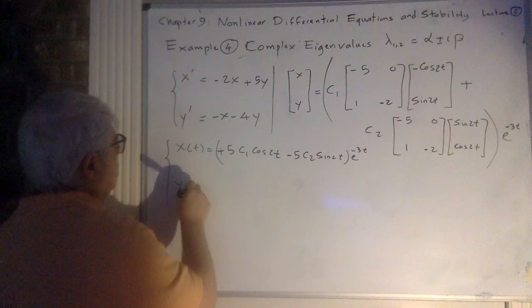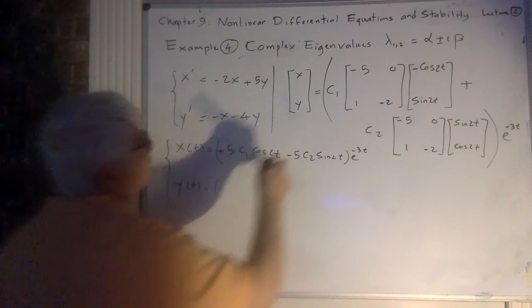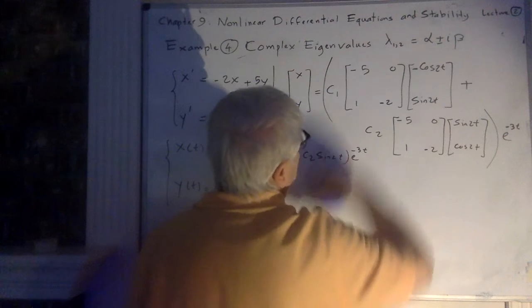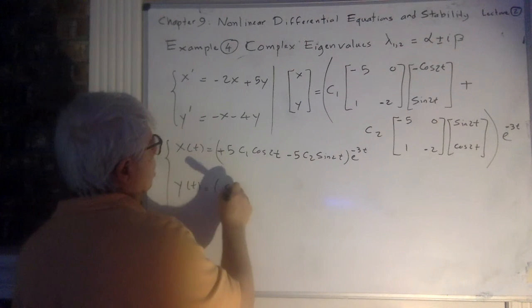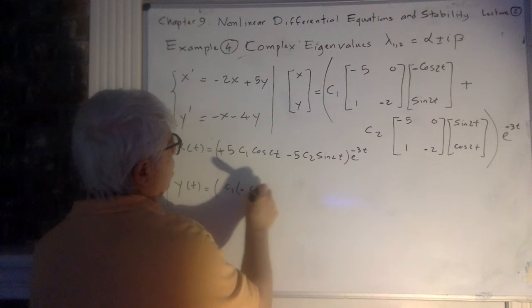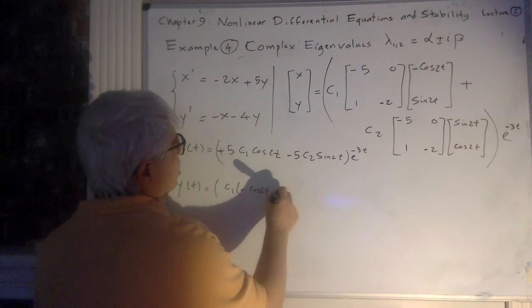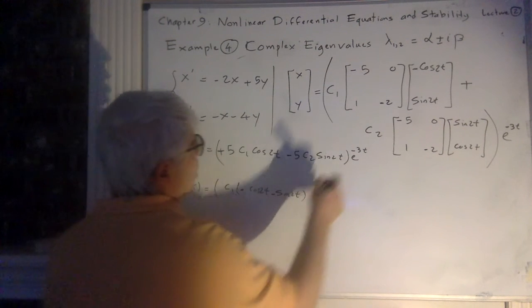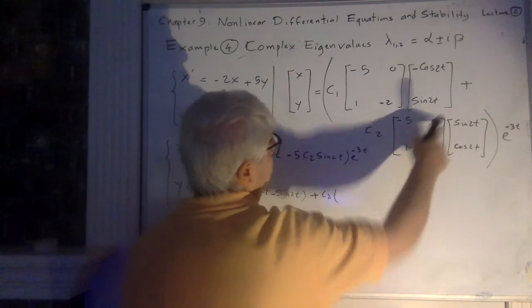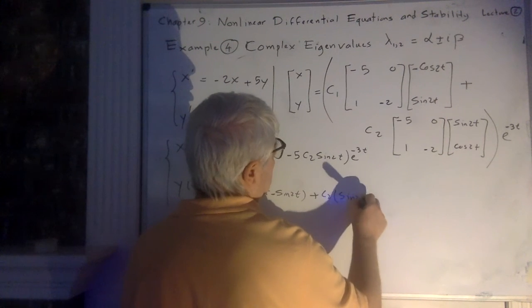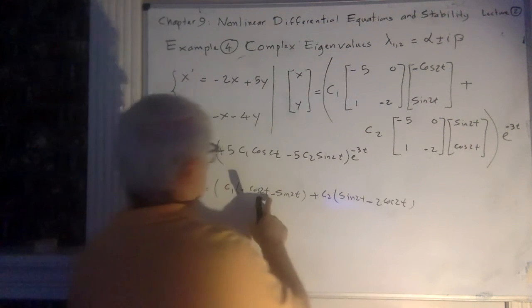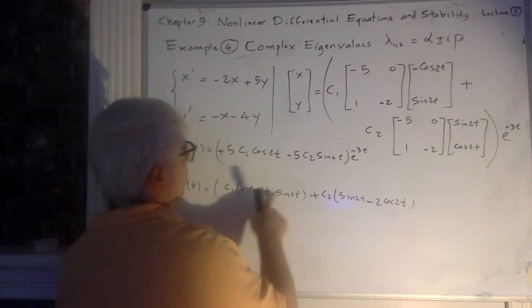And y(t) is C1 times 1 times this minus 2 times this. So let me write it down then. I will simplify. Minus cosine 2t minus sine 2t, and plus C2 times this one, sine 2t minus 2 cosine 2t.